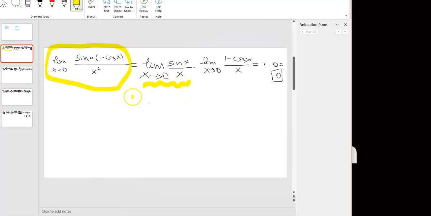When we look at this side, we can see that we broke this rational expression into sine x divided by x, and then one more x left in the denominator, 1 minus cosine x divided by x. And I also use the property of limits that the limit of a product equals the product of the limits. So now what is the limit here?